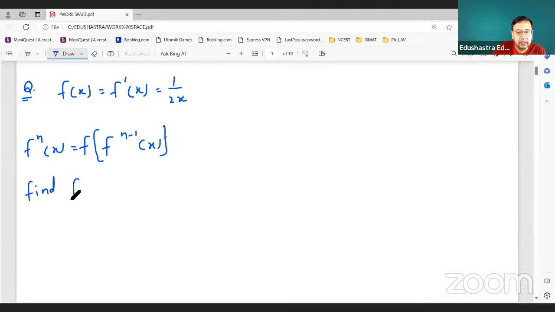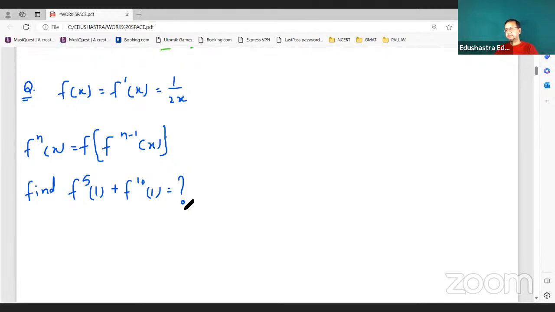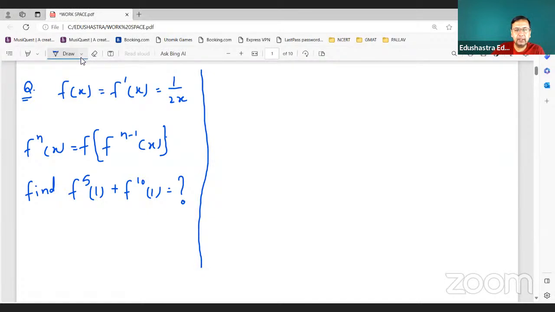Find f5 of 1 plus f10 of 1. How much is this value? Yes. Tell me how much is f5 of 1 plus f10 of 1. Just try and give me some answer here.